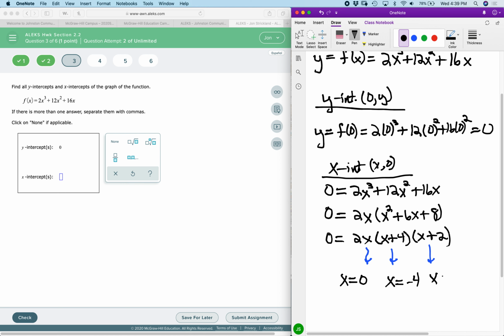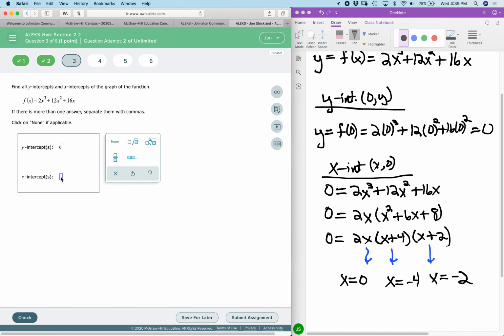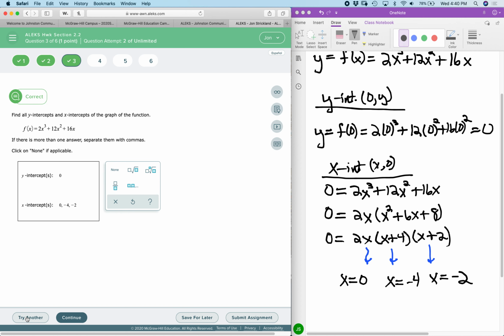And for x plus 2, if that is set equal to 0, I have x is equal to negative 2. So we can say that for the x-intercepts, I'm not going to put in the y-coordinate, just the values of x. So we have 0, negative 4, and negative 2. And checking the result, that is correct.